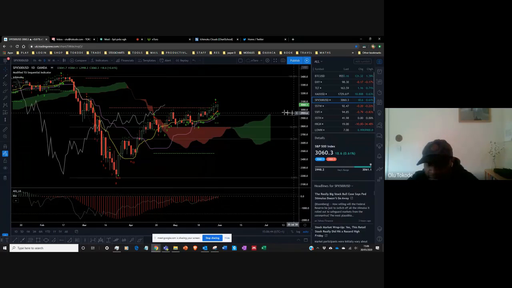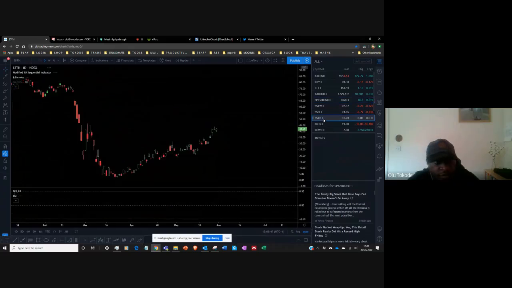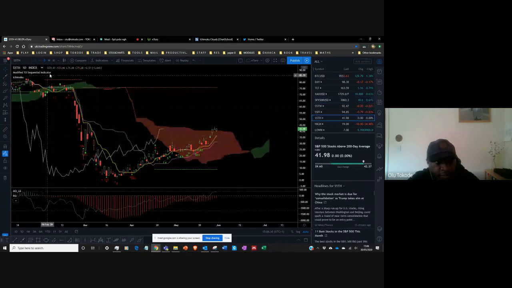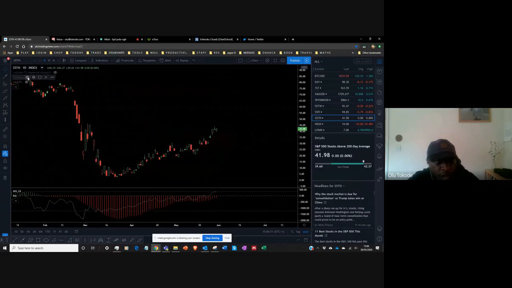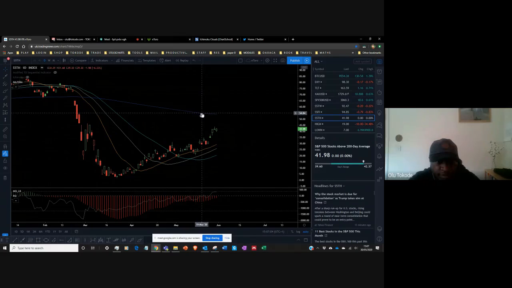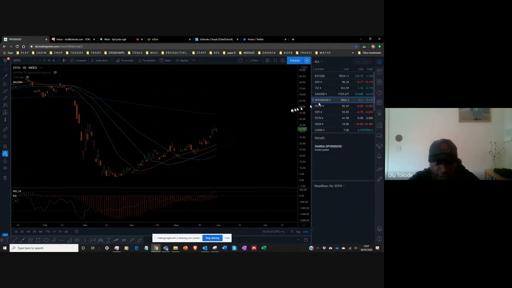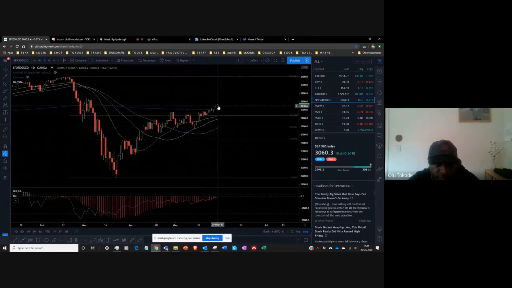Another one you can look at is this. Now, this chart is telling you how many stocks in the S&P index are above their 200-day moving average. Remember, the 200-day moving average is this blue line. If you look at the S&P, we have just crossed above it.